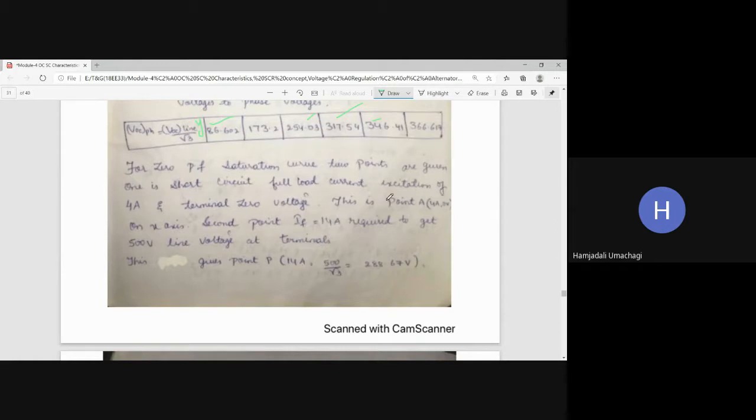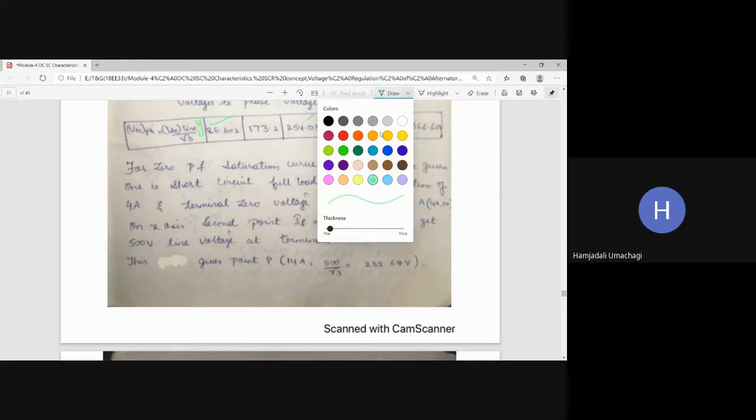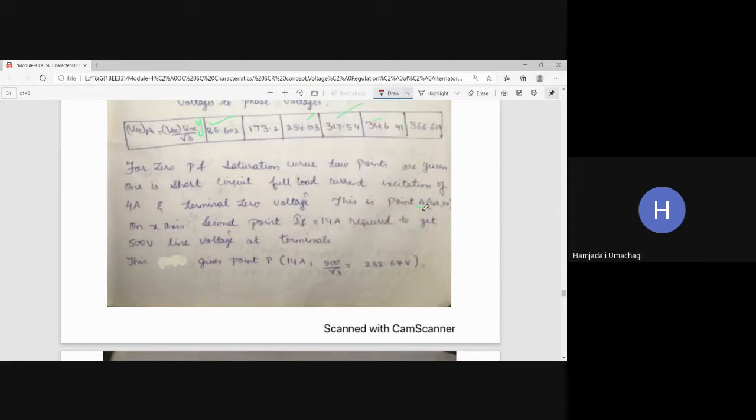Point P has 14 ampere excitation with 288.67 volts. So first mark point A.